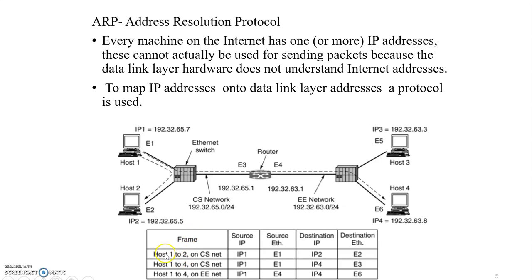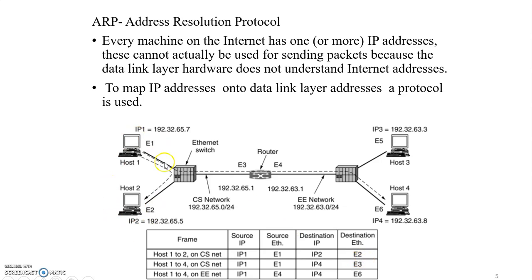Now let us assume the source is host 1 and the destination is host 2 on the CS network. What happens here? The source IP address is IP1, the source Ethernet address is E1, the destination IP address is IP2 and the destination Ethernet address is E2.